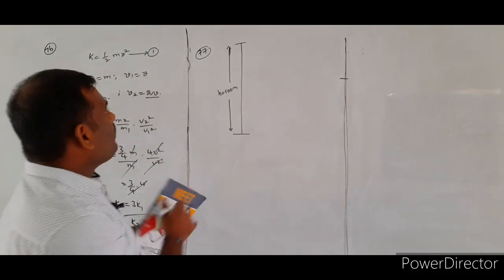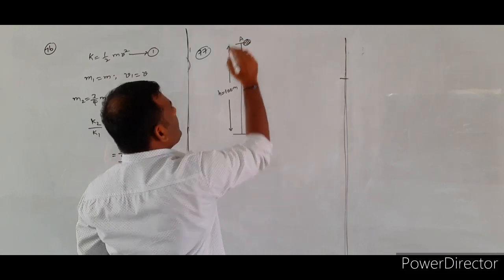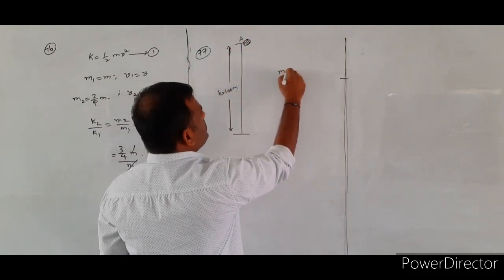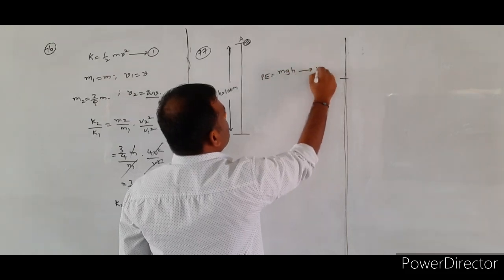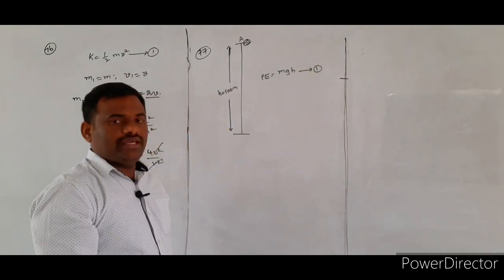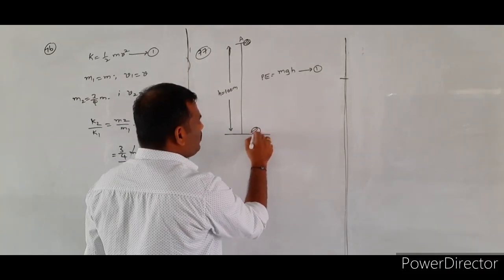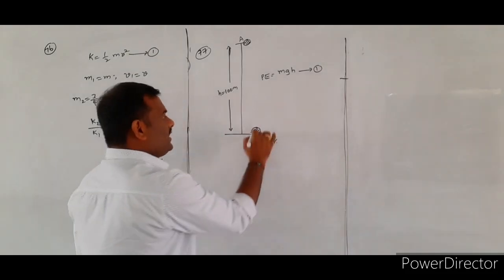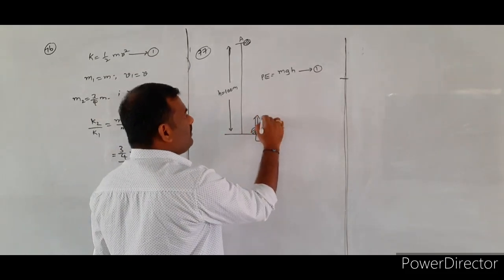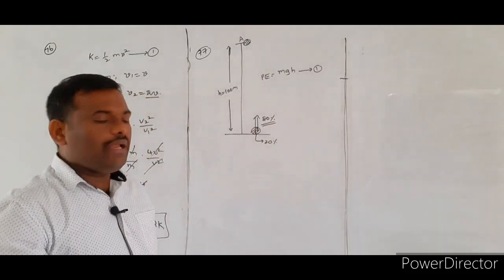First, whenever the ball is at the topmost point, call it A, its potential energy value is mgh. Whenever the ball strikes the floor, how much energy will be wasted? 20% energy will be wasted. As a result, the ball will travel upwards with an energy of 80%.